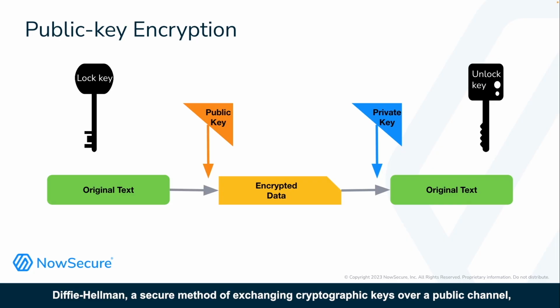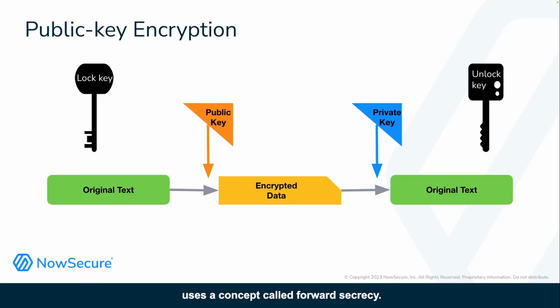Diffie-Hellman, a secure method of exchanging cryptographic keys over a public channel, uses a concept called forward secrecy. Instead of relying on a single private key, every customer on your platform gets a unique and separate lock and unlock key. As an added benefit, these keys are not stored anywhere, meaning if communication breaks down, nobody can recover the keys to decrypt the original traffic, not even the sender or receiver.